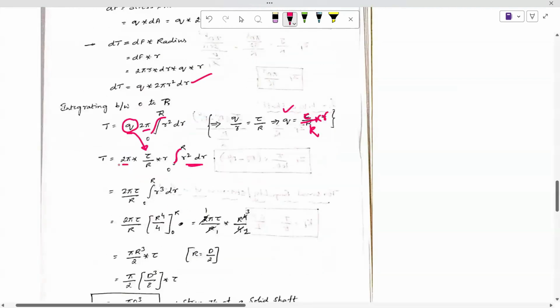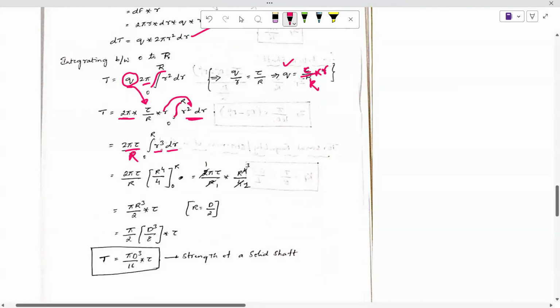Now, 2 pi tau divided by R, and this r multiplied inside, r square will become r cube into dr. Now, the integration of r cube is r to the power of 4 divided by 4.